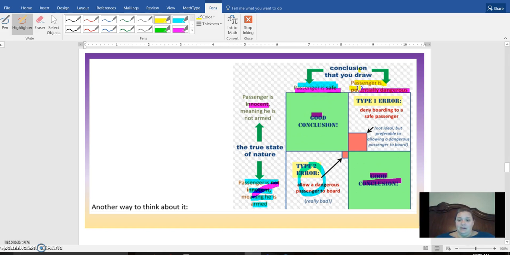They don't care that he's got his documentation that says all this stuff, and he is truly innocent. They don't let him board just because of their fears, racial profiling, cultural profiling, bias, all that kind of stuff. And so those are the two kinds of errors that could occur.